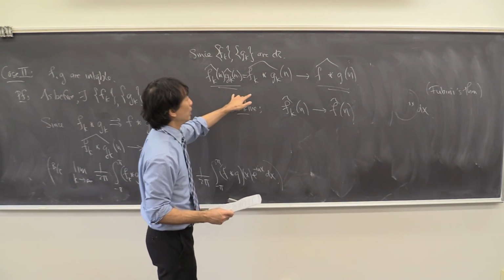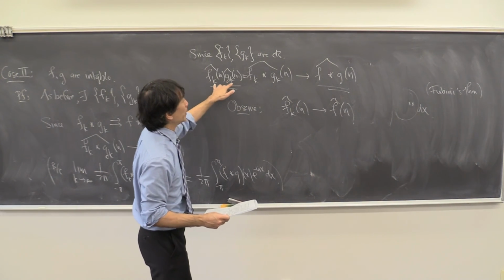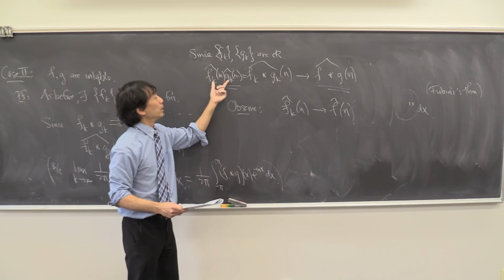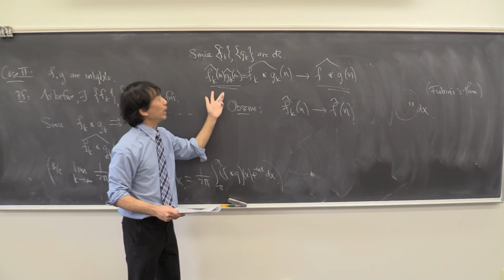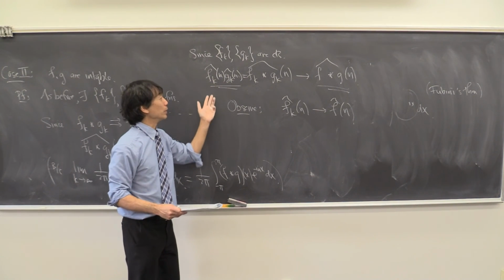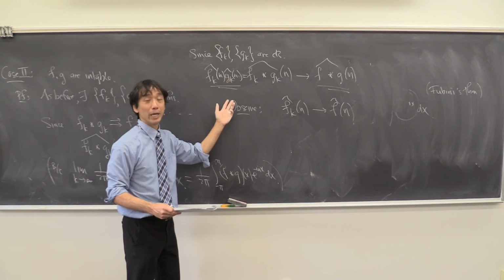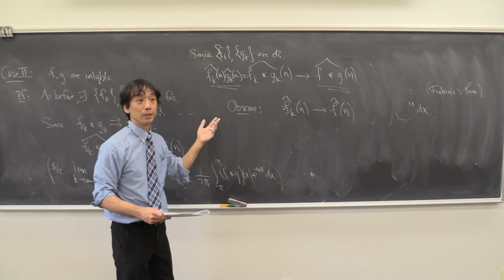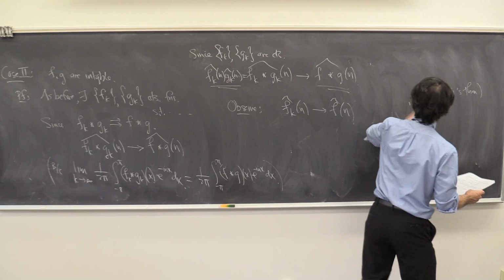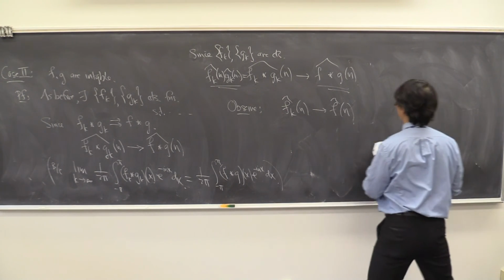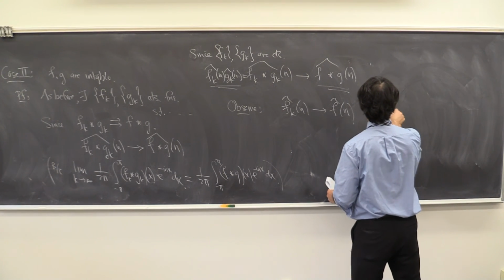Once we show that, we'll be done, because this one converges to f hat of n, and this one converges to g hat of n, and so that will be the end. Once we show this, we're done.